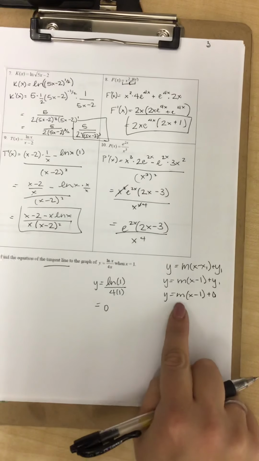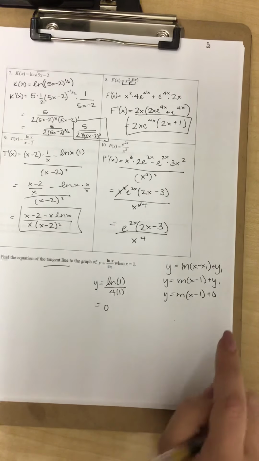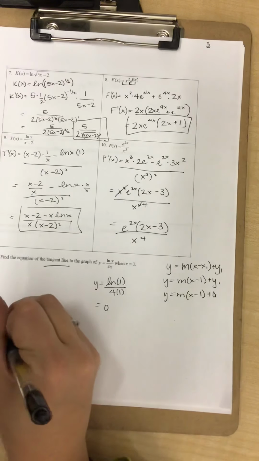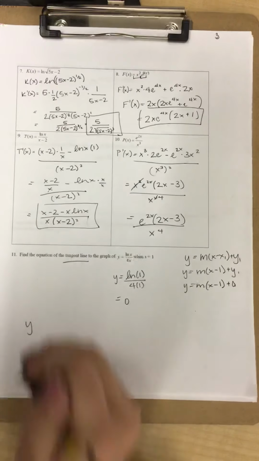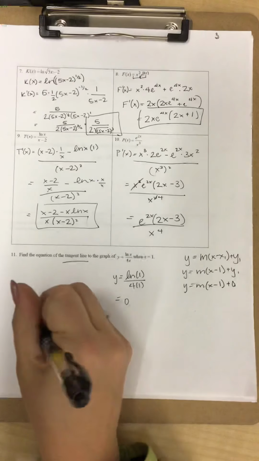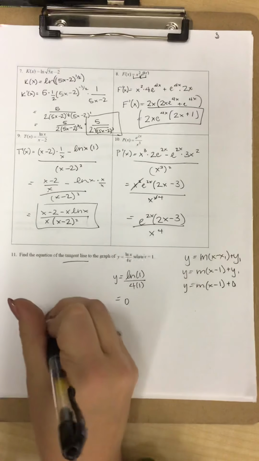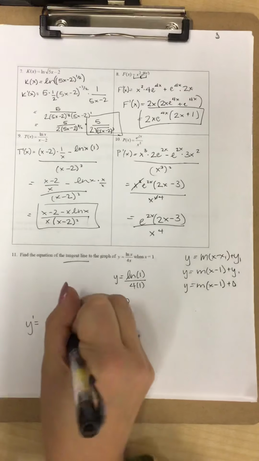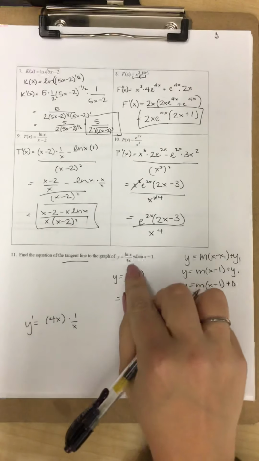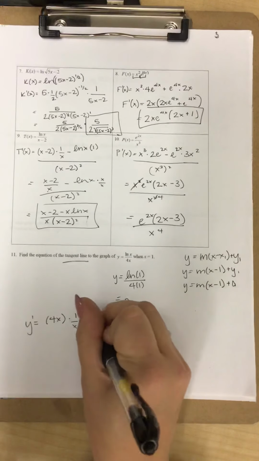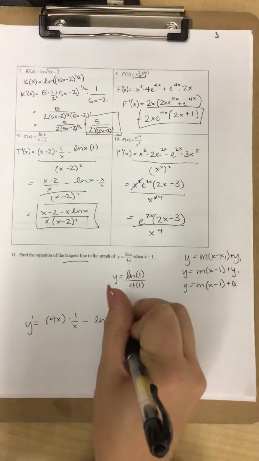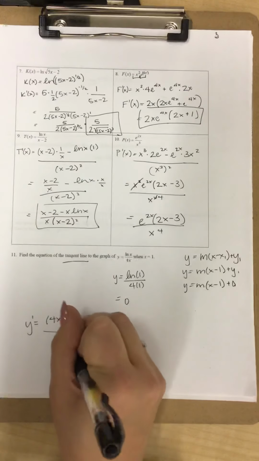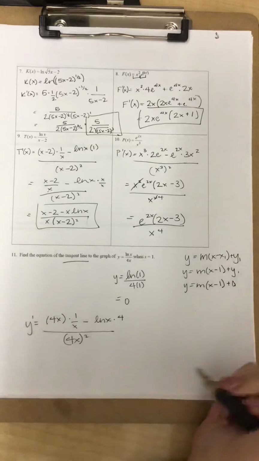Now the most important part for calculus is the m, the slope of the tangent line. So that's where we actually get to do some calculus. Y prime equals low d high. So low d high minus high d low over low low.